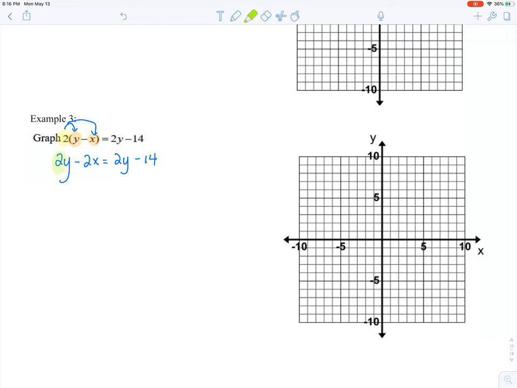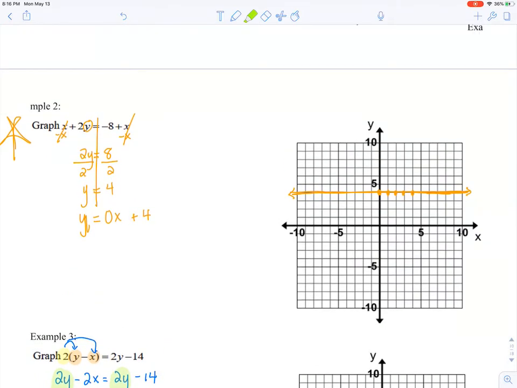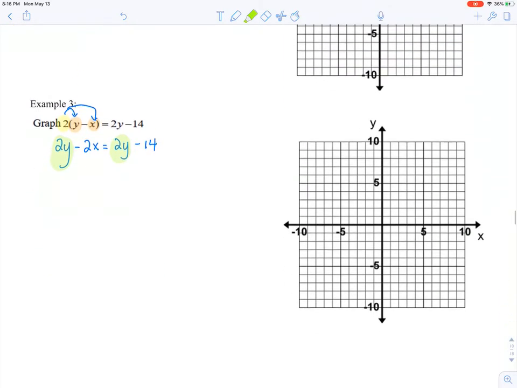I am noticing that I have two y's on both sides of my equation, okay? When I see that, I know that if I subtract 2y from both sides, they're going to cancel each other out. So this is going to be kind of like this one where we got y is equal to a number. This is actually going to be a vertical line where we're going to get x is equal to a number.